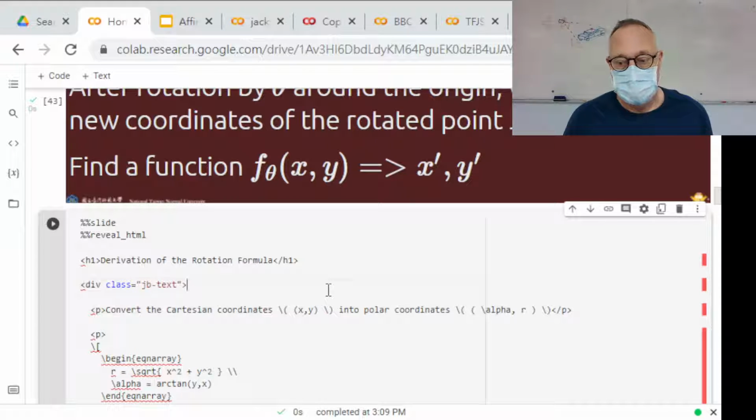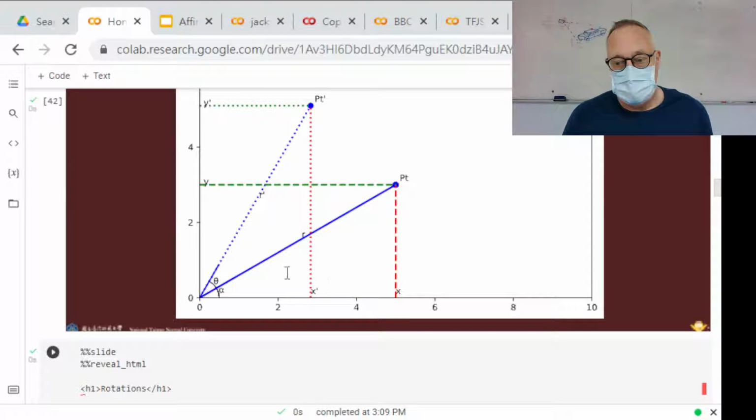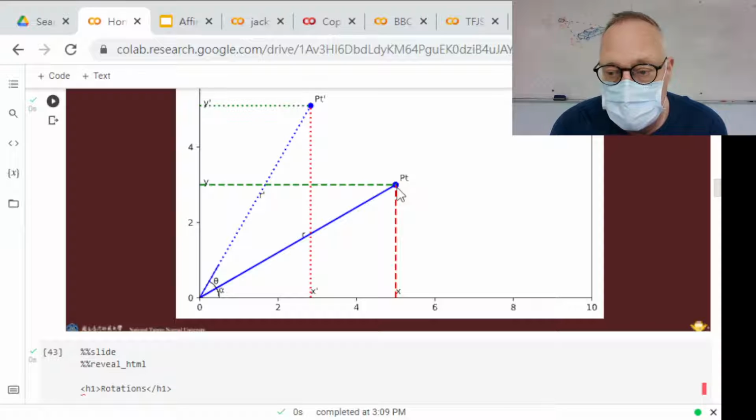Now, as indicated in this particular figure here, taking the 2 points, using Cartesian coordinates, which means xy coordinates, is not so straightforward. So we use an intermediate representation. We convert the points into polar coordinates.